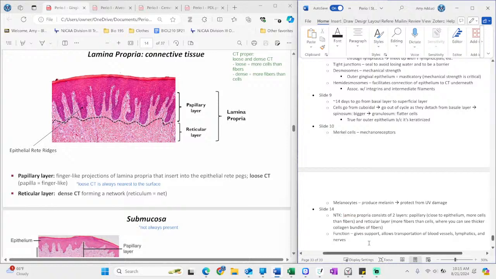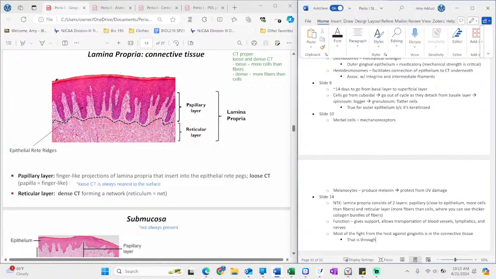The other thing is that most of the fight of the host against gingivitis is going to happen in connective tissue. It's not going to happen in the epithelium. It's going to happen in the connective tissue. And that is through what we call, if you remember, the non-resident cells of the connective tissue. Macrophages, the granulocytes that come, the most common cells at the beginning of an immune response.